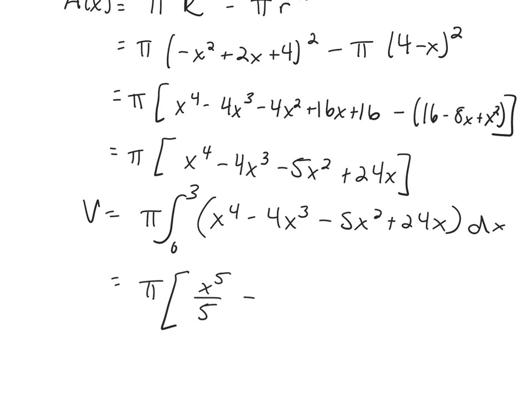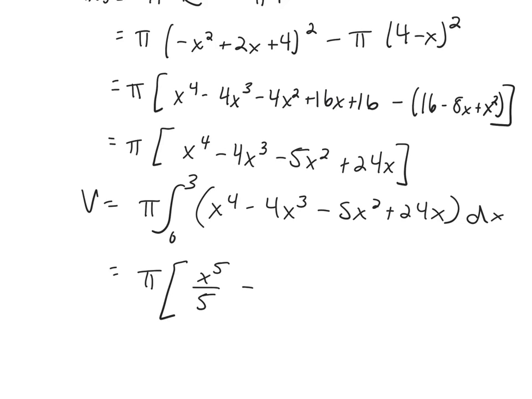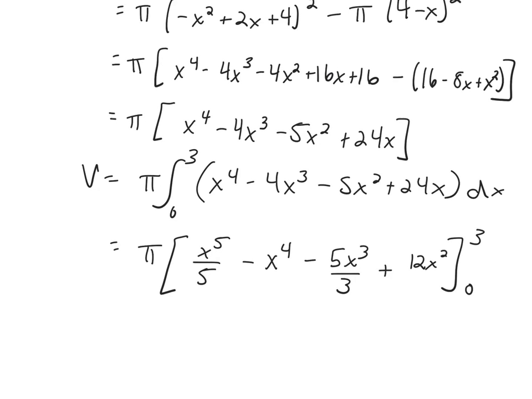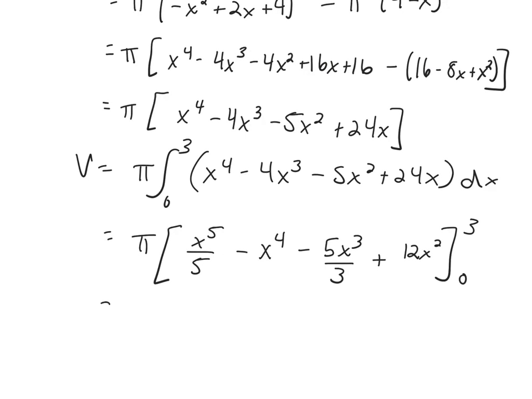What about the integral of 4x cubed? x to the fourth. 5x squared. 5x cubed over 3, evaluated from 0 to 3. Plus 12x squared. So you start by plugging in 3. Well, really 3 is all I have to plug in, because if I plug in 0, I get 0.